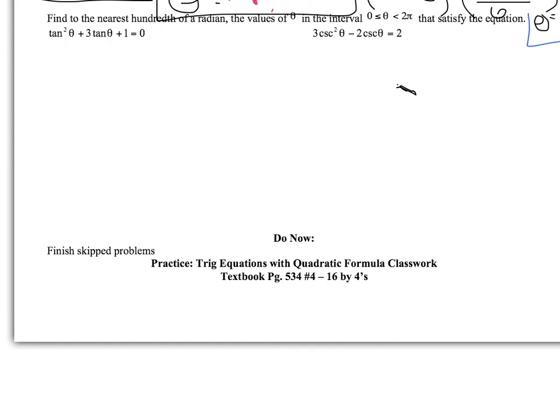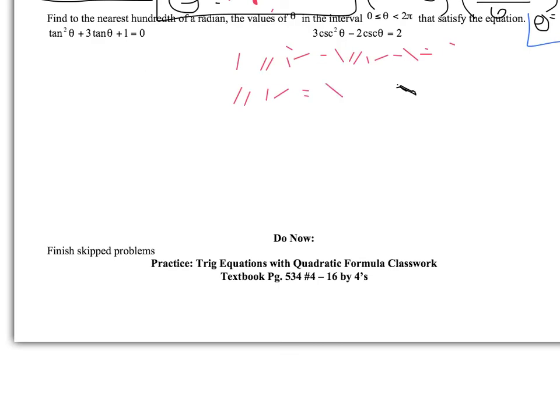I'm going to leave you guys with the third one, and I'm going to start the fourth one, but you guys will finish it. So the start for this one, I'm going to subtract a 2. So it'll be 3 cosecant squared theta minus 2 cosecant theta minus 2 equals 0. Then I would use the quadratic formula.